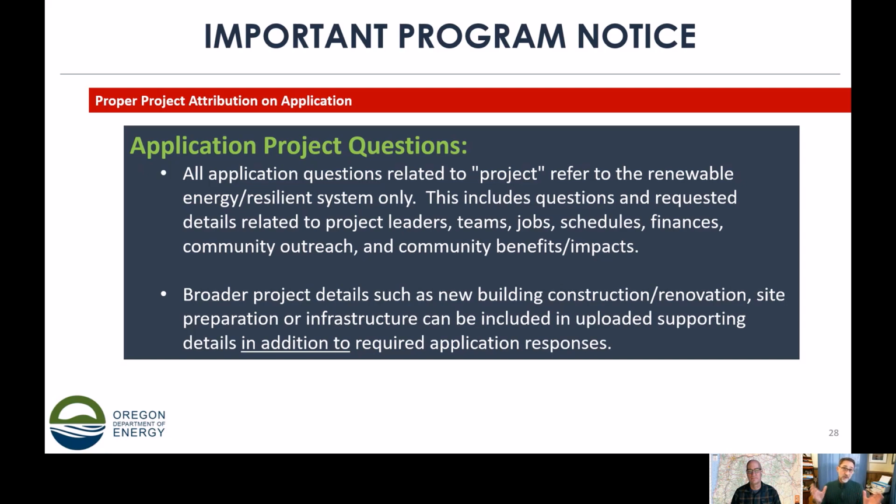Those broader project details might be in some of your additional supporting materials, your budgets, etc. But we're asking questions specific to that renewable energy system or that system with resiliency that you're proposing to enter into a planning phase and hopefully move into construction and installation of at a later date down the line. Just wanted to make that note.